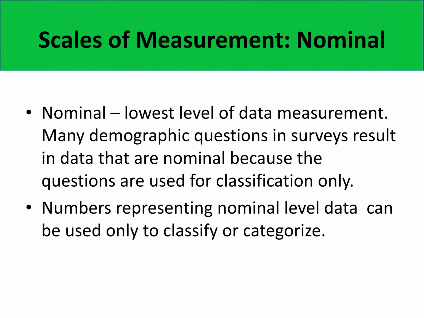Many demographic questions in surveys result in data that are nominal because the questions are used for classification only. Numbers representing nominal level data can be used only to classify or categorize. Now, in nominal data, ranks are non-existent between the values of the variables.